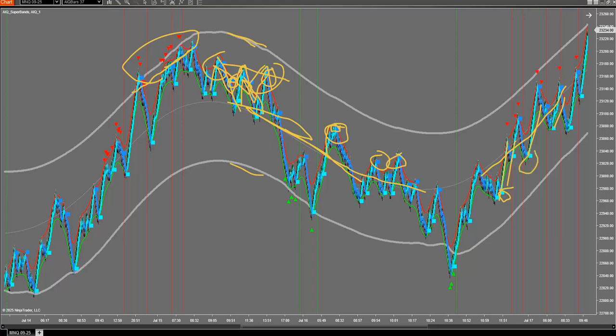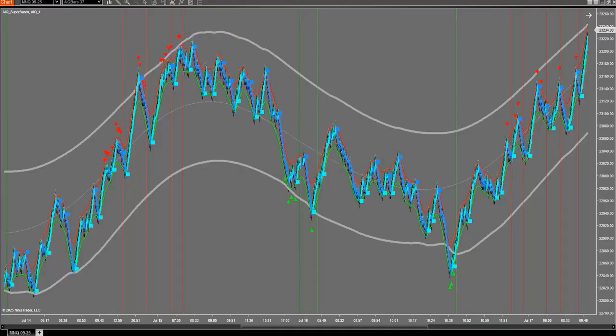I'm getting pullback trend continuation signals of a hook in the fast bands leading into a mom signal. So those are the mom signals that I feel are worth attacking, or that I know are of higher probability when you're doing live visual-based trading or manual trading.